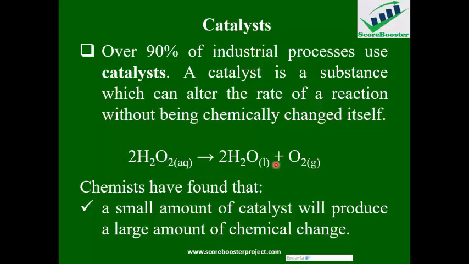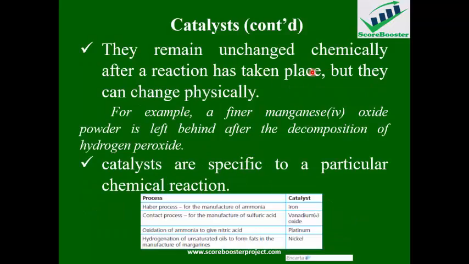One thing about this catalyst is that a small amount of catalyst is needed to effect the change. That is number 1. Number 2 is that it remains unchanged chemically. Although the color might change, or the physical structure might change, chemically they remain unchanged.